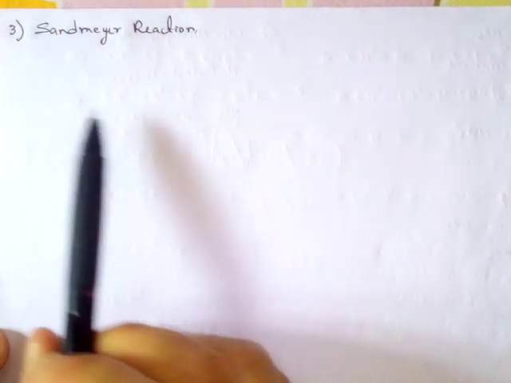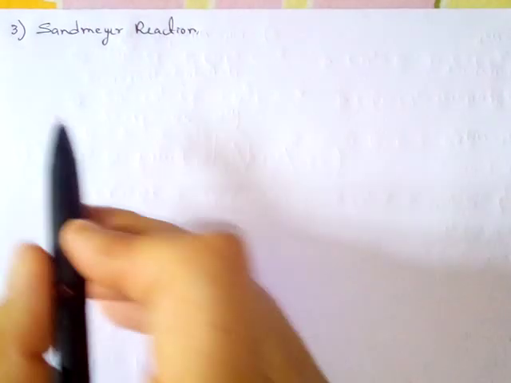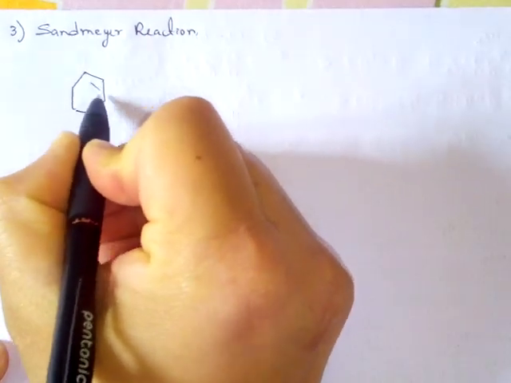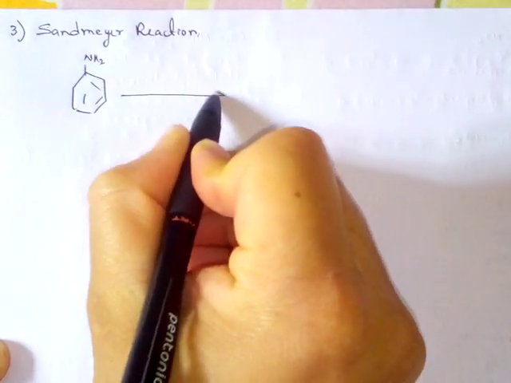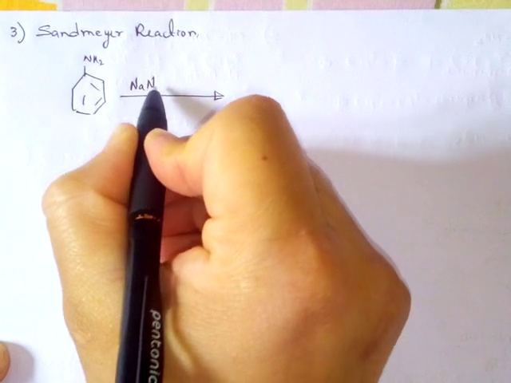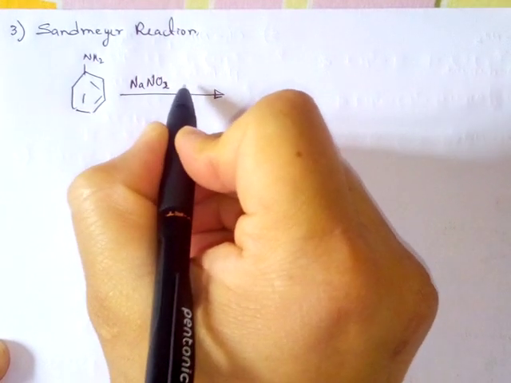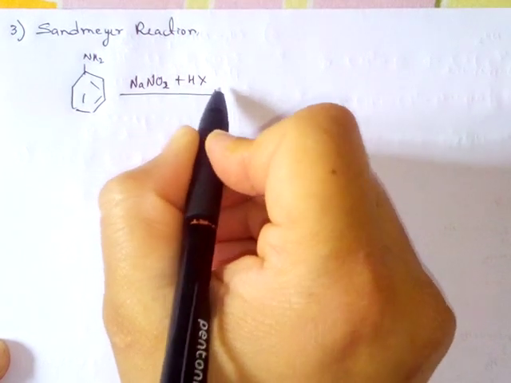Next important reaction is the Sandmeyer reaction. In this reaction, when aniline is treated with sodium nitrite, NaNO2, NaNO2 is nitrite, plus mineral acid, it could be HCl or HBr.